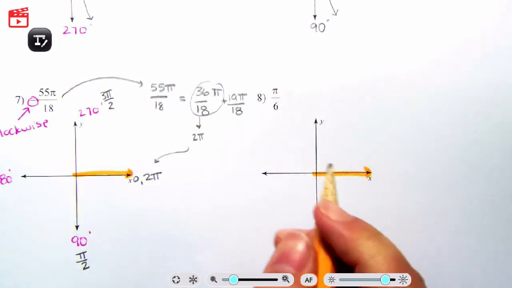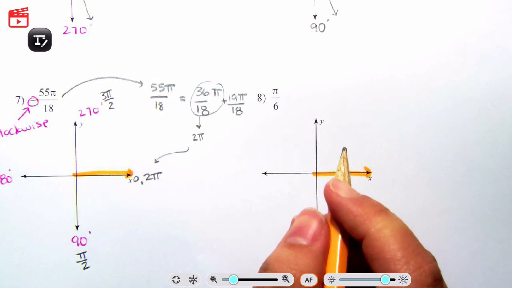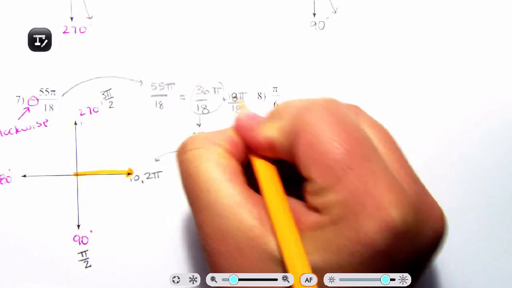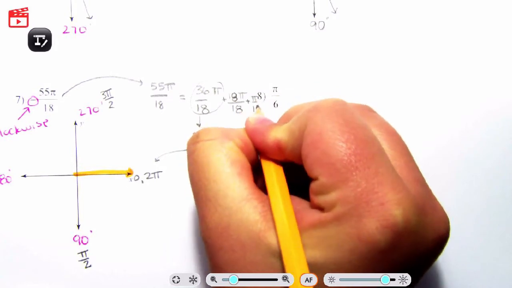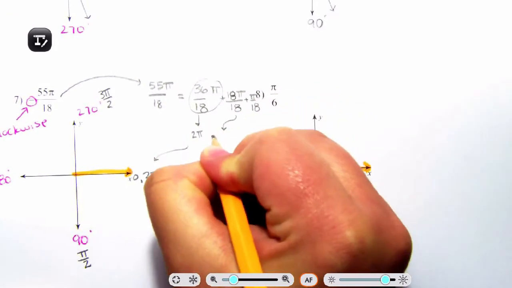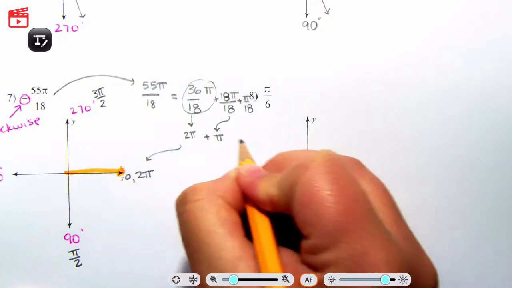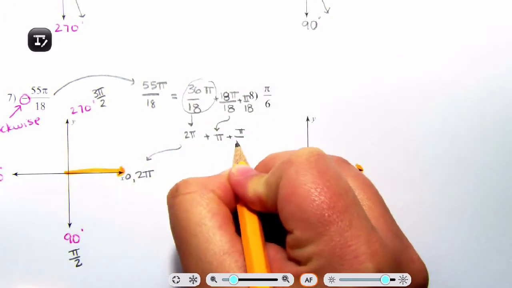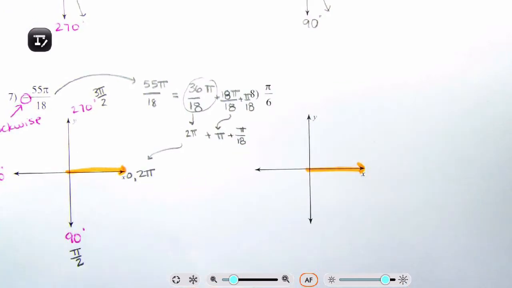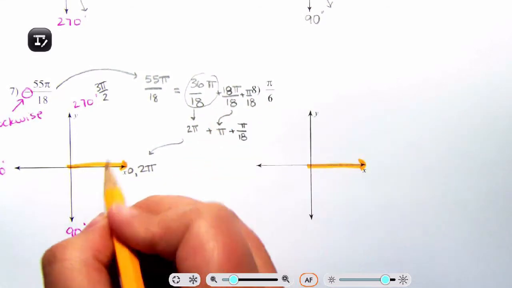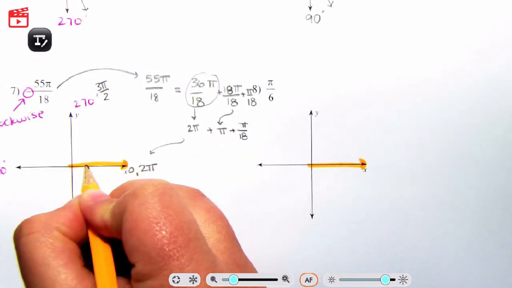So that means I need 19 pi 18ths. What do we know about 19 pi 18ths? That's pretty close to just pi, because 18 pi 18ths is just pi. So that means I just have pi 18ths left over. A very, very small amount left over. So when we break this up, we can easily see we're going clockwise, so we're going down instead of up.